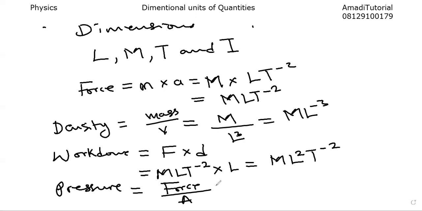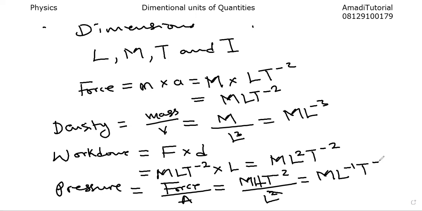The dimensional unit for force is M L T raised to power minus 2, and area is L raised to power of 2. So one of these L will cancel one of the L in the denominator. You'll be left with M L raised to power minus 1, T raised to power minus 2. So this is the dimensional unit for pressure.